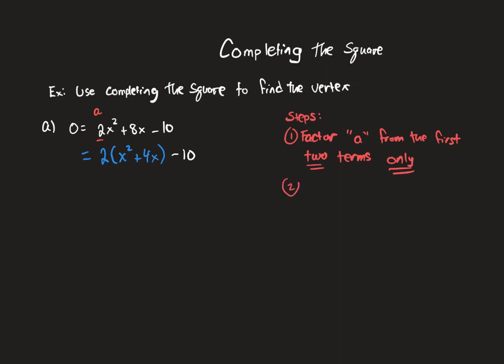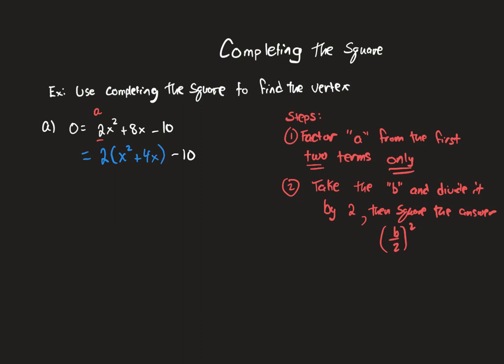Your second step is you're going to be taking the b value, dividing it by 2, and squaring it. So basically you're doing b divided by 2 and you're squaring the answer.